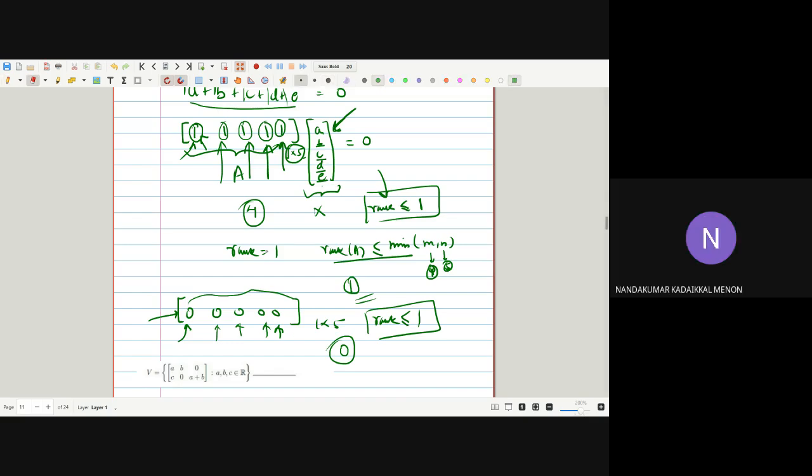Dimension depends on the number of variables. What depends on the number of variables? Rank will depend on the number of variables? No. See, rank is of a matrix. It is not dependent on the number of variables. Oh, number of pivots. Yeah, that is true.